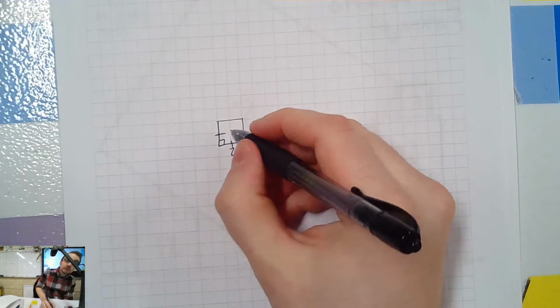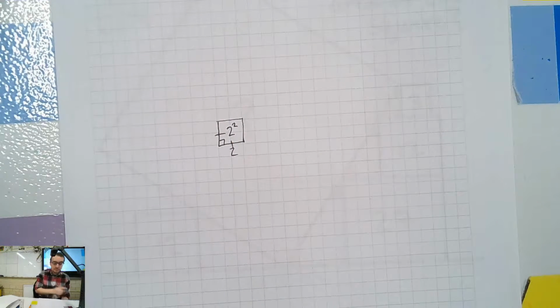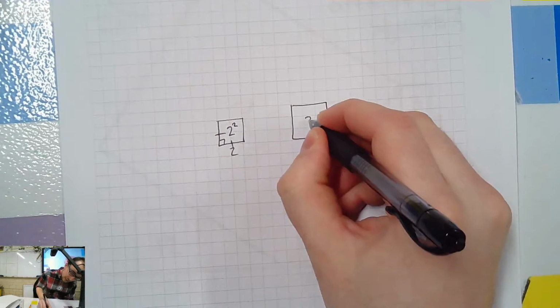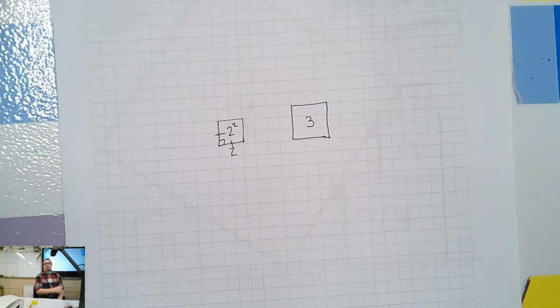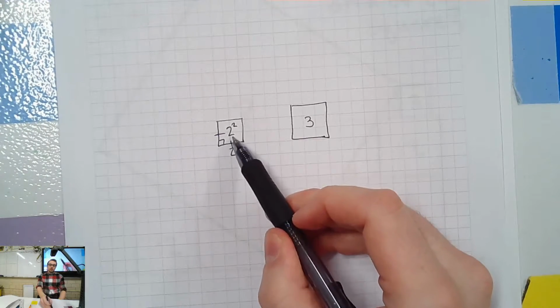What's the area of this square? 4, otherwise known as 2 squared, right? So if I have 3 on the inside, what I'm asking is, what number times itself gets me 3? Well, if this is 4, this gets us 2, right?